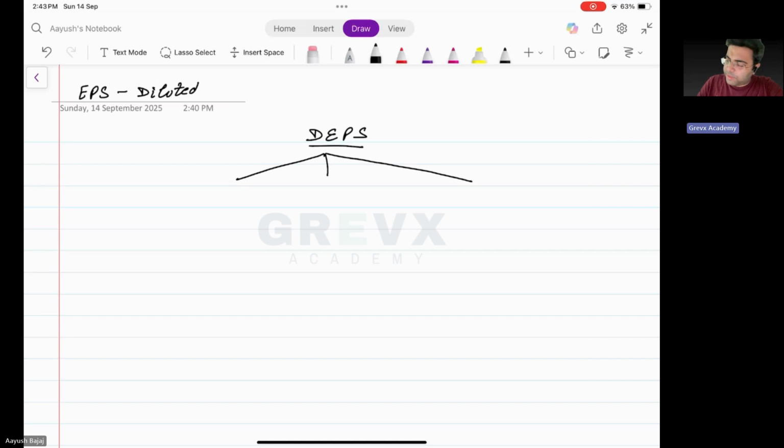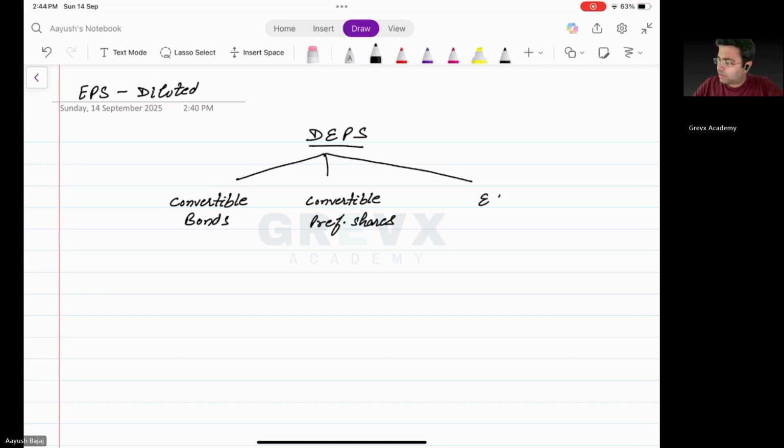The first one is that there are convertible bonds. The second can be there are convertible preference shares. And the third can be ESOPs.